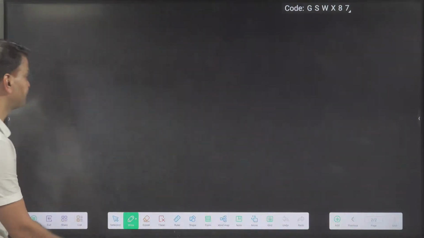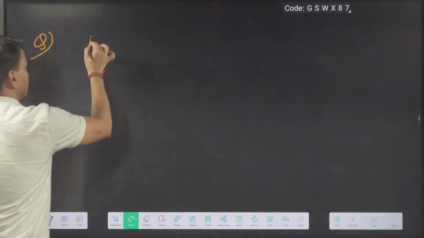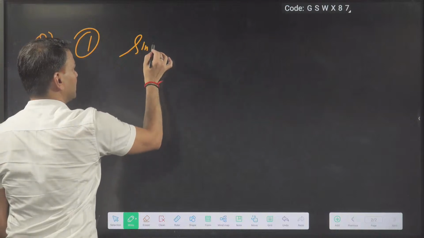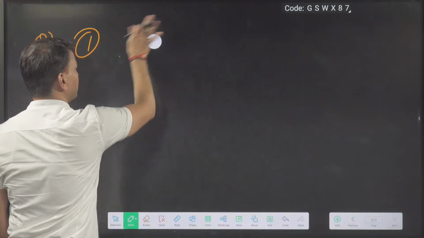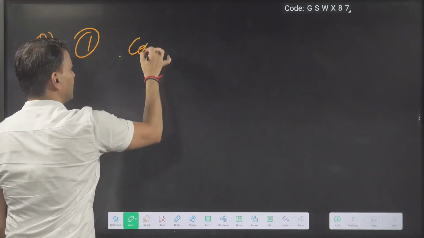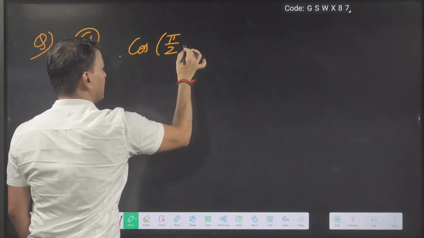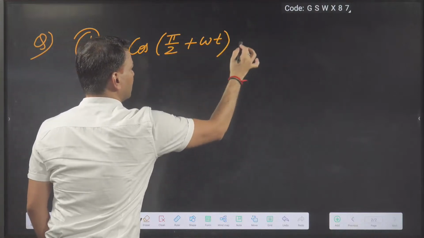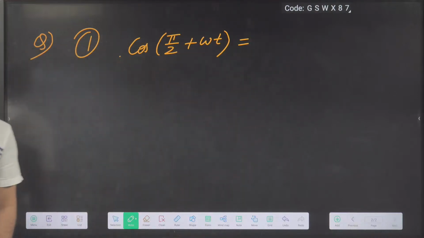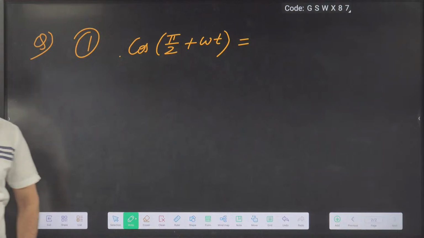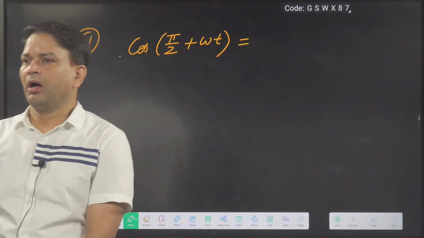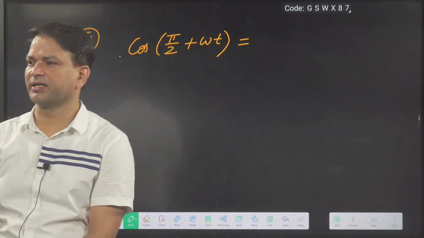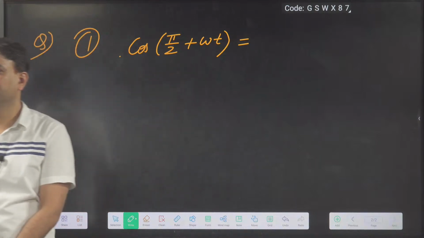Now this type of expression we have seen in oscillations and AC also. Cos of pi by 2 plus omega t. What can I write?